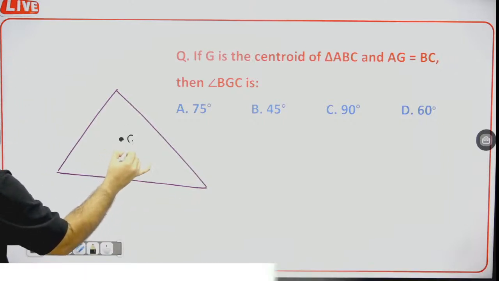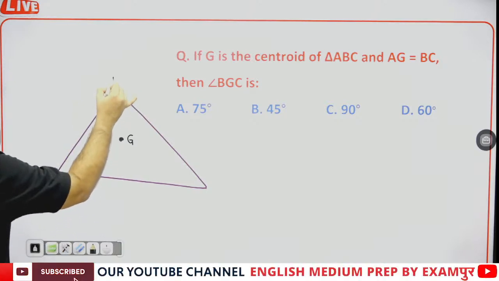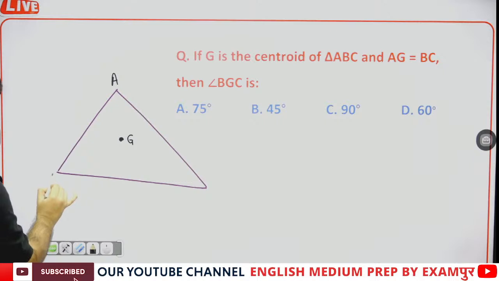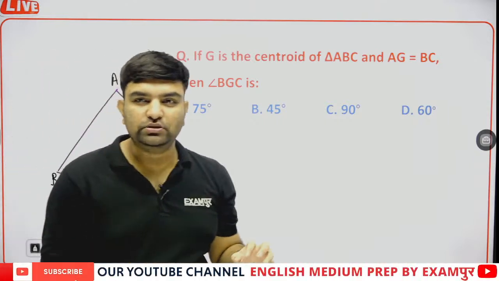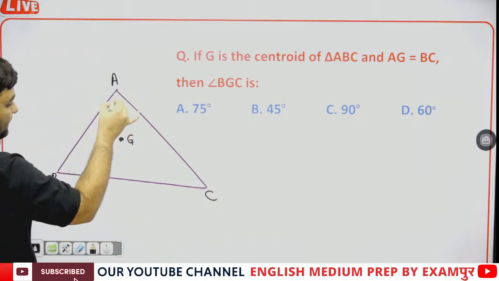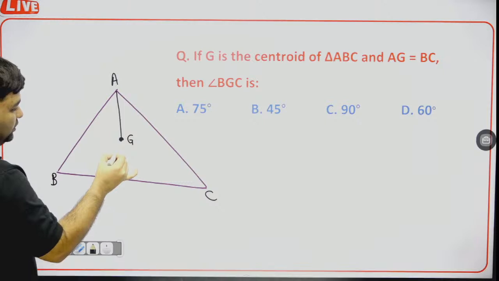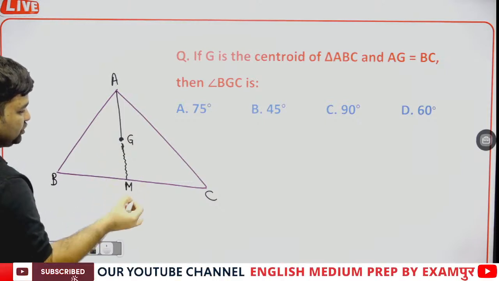G is the centroid. AG is equal to BC. You know, if G is the centroid, then AG and the remaining part of the median are in the ratio 2:1.